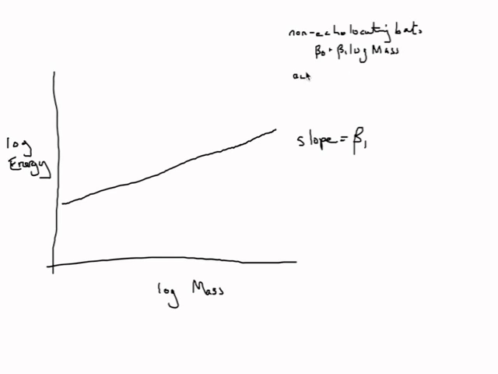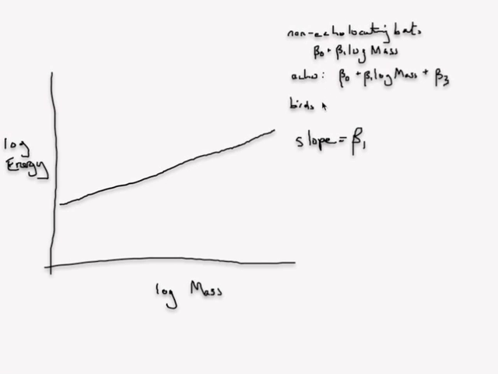Our echolocating bats, I'll just say echo, have the mean beta 0 plus beta 1 log mass plus beta 3. And our birds have the mean beta 0 plus beta 1 log mass plus beta 2.